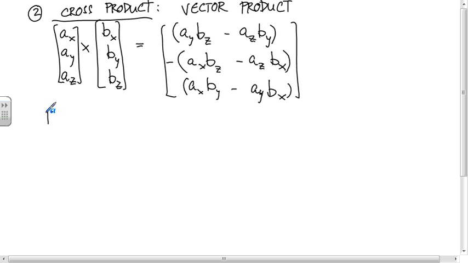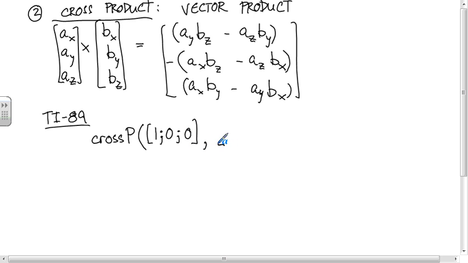On a TI-89, there's a function for this called crossP. Can anyone look at this and tell me what the value is of this cross product?